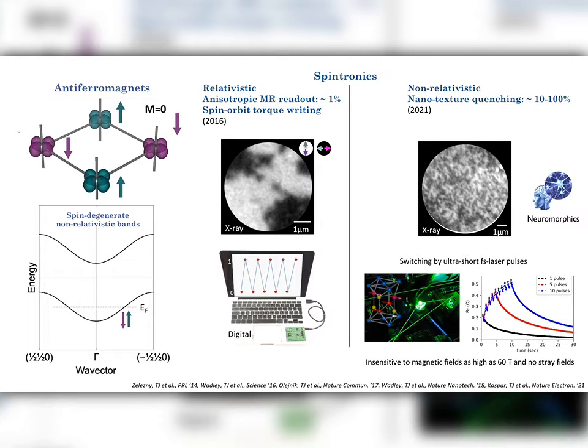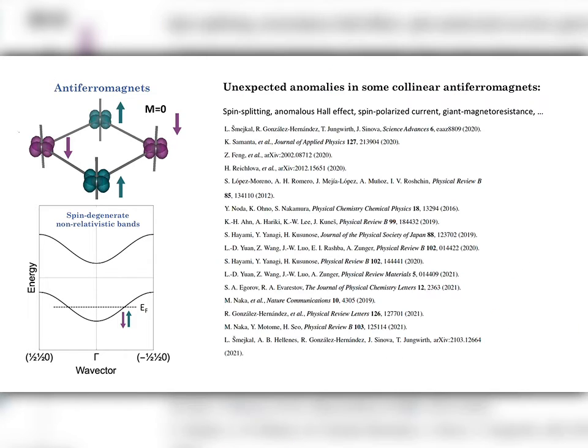Well, remarkably, over the past couple of years mostly, several groups all around the world, including our groups, have reported unexpected anomalies in some collinear antiferromagnets, which hint towards the possibility of realizing the conventional spintronic functionalities that we're familiar with from ferromagnetic spintronics.